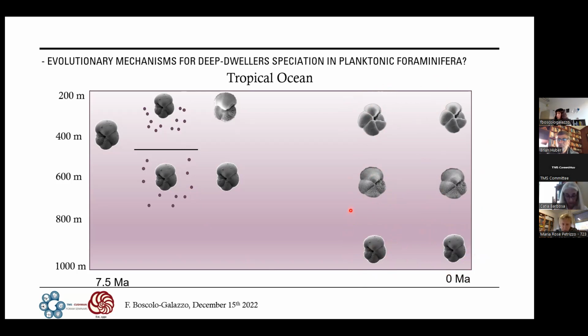So again, what I think could have happened here is that a shallower living population of, for instance, margaritae in this case, were getting reproductively isolated from the deeper living population, so much that the upper living population was eventually speciating, originating a new species.